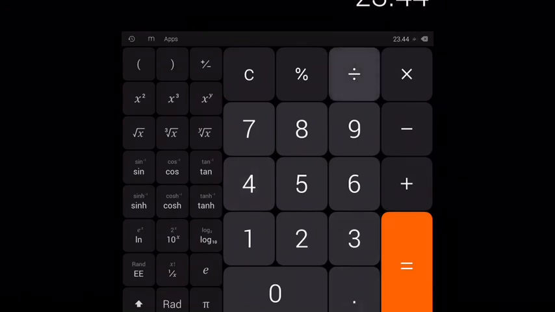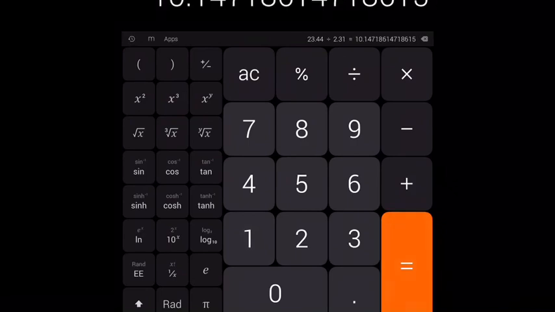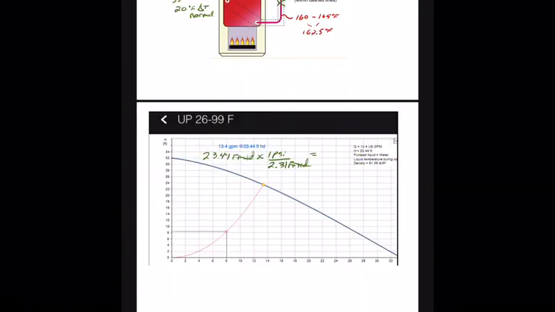That comes out to about 10.15 in that area. So that is going to equal approximately 10.15 psi. So that is the answer to problem number 2.